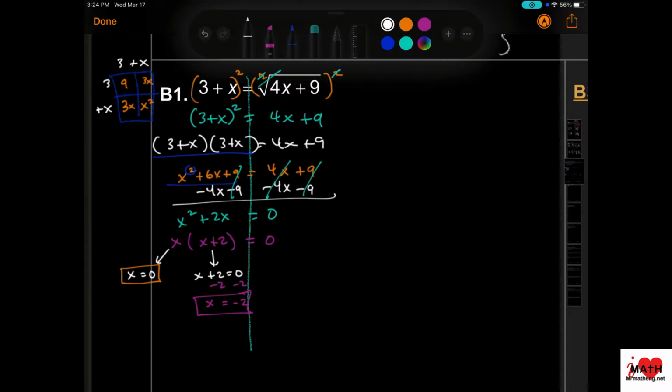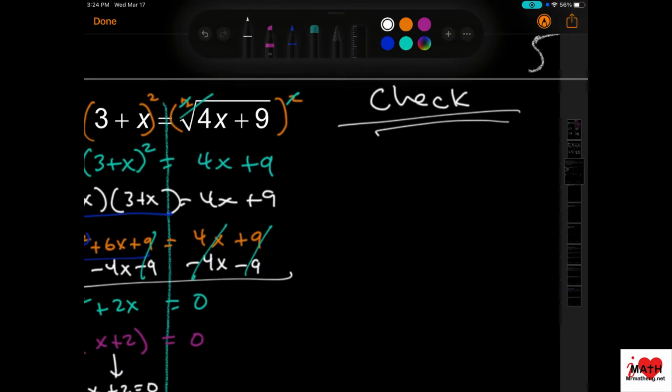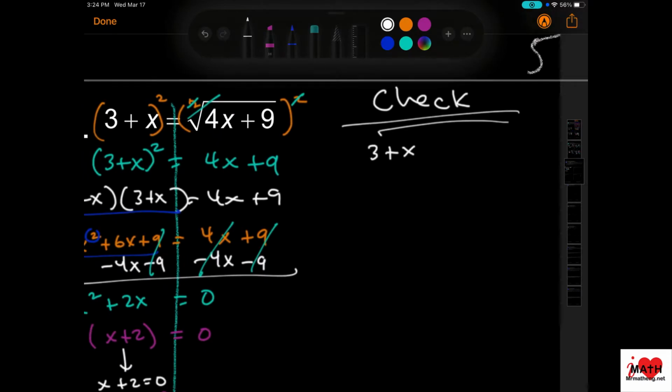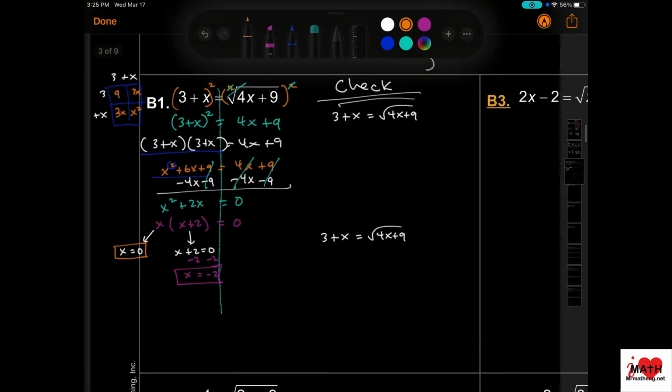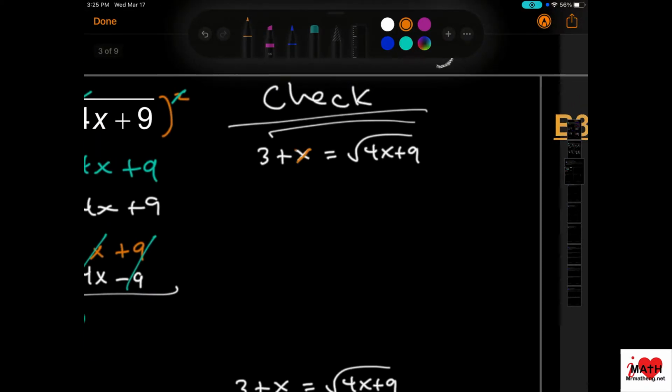So check here. Let me just write it once, and then I'll copy and paste. 3 plus x equals the square root of 4x plus 9. Okay, and the first one we're going to test is x equals 0 in orange. So every x value, I can put in 0.